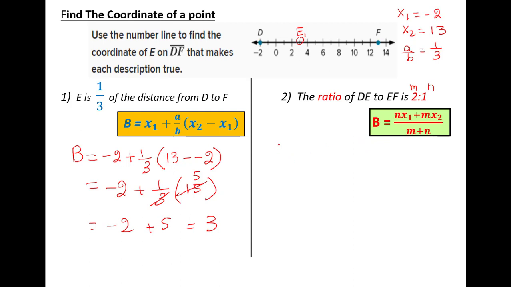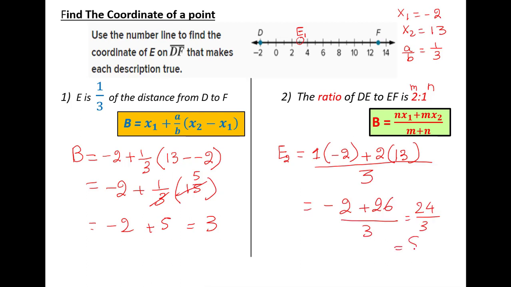So my E, the second E, let it be E2 so that we're not confused, is equal to n, which is the second one, which is 1, multiplied by x1, which is negative 2, plus m, which is 2, multiplied by x2, which is 13, over m plus n, which is 2 plus 1, which is equal to 3, which is equal to 8.